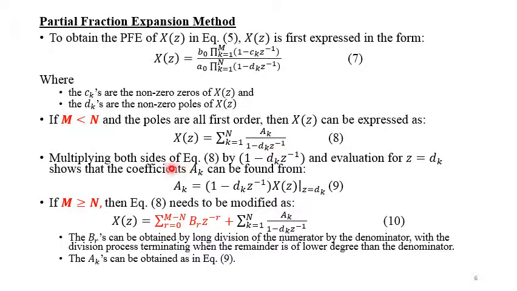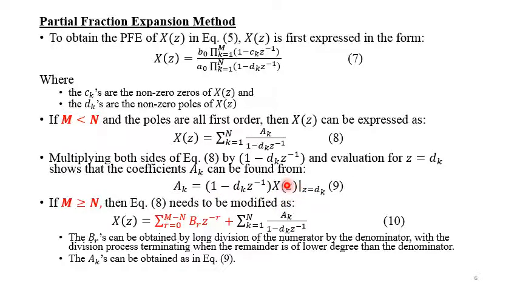Multiplying both sides of equation 8 by 1 minus dk z inverse and evaluating for z equals dk shows that the coefficients ak can be found from this. That's the standard procedure for finding the coefficients using partial fraction expansion. So ak equals 1 minus dk z inverse times X of z, evaluated at z equals dk.